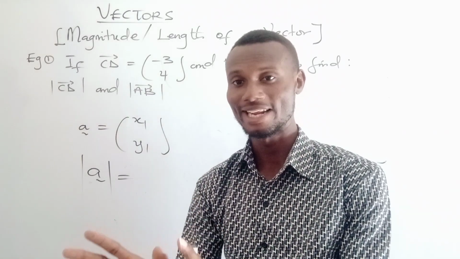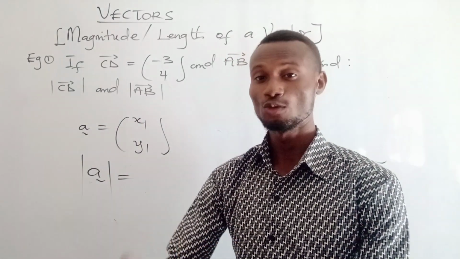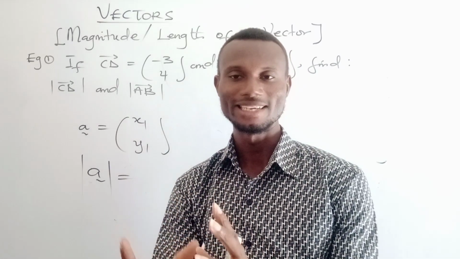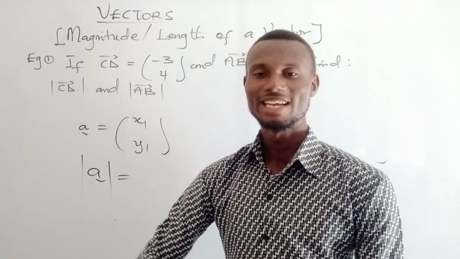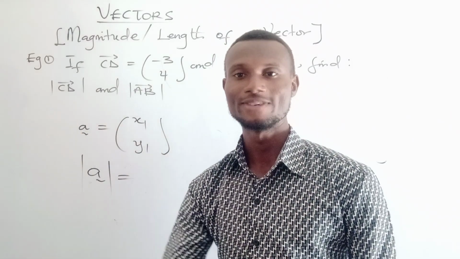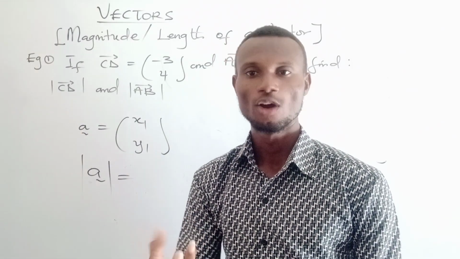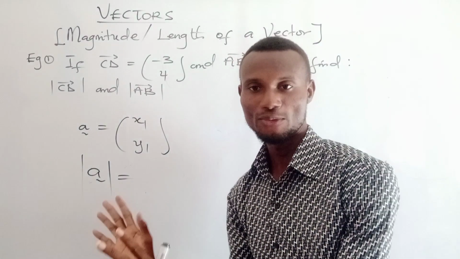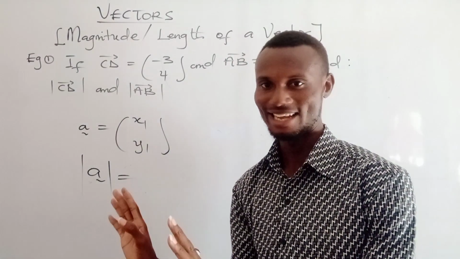Let me repeat it for the last time. Again, to find the magnitude or the length of any given vector, you find the square root of the sum of the squares of the components of that given vector. Let me write it on the board so you understand it easily.